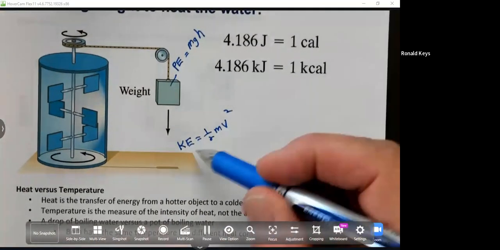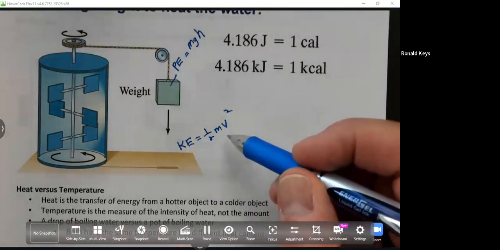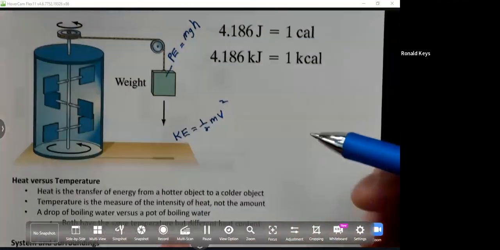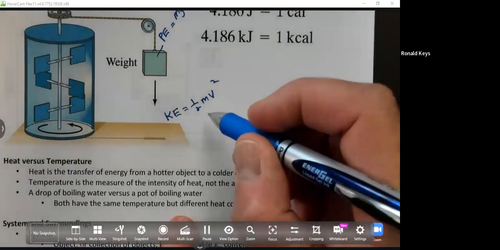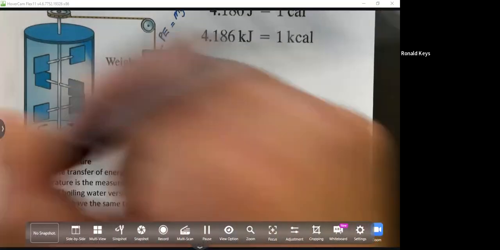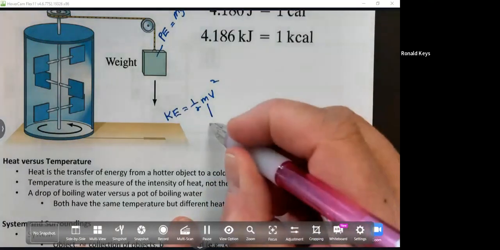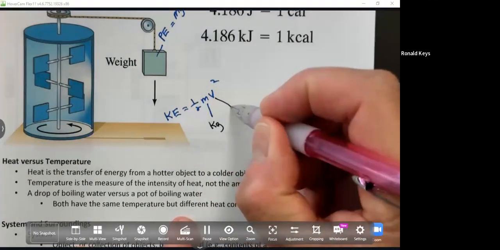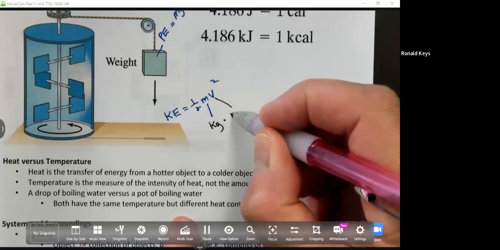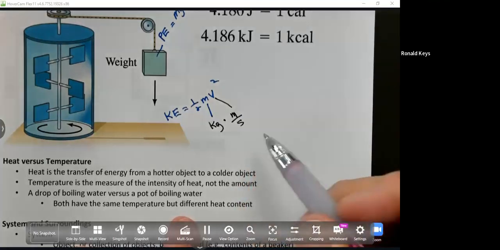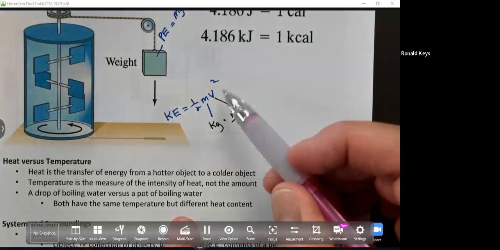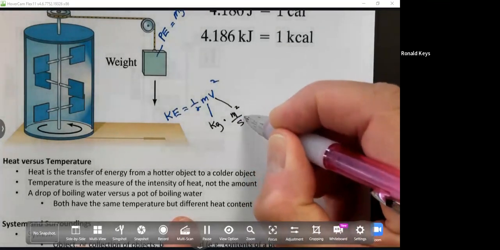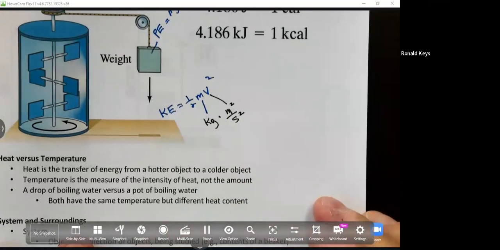So I'm just writing this down because energy is in units of joules. This is a mass in kilograms. This is a velocity in meters per second, squared. So you get meters squared over seconds squared.